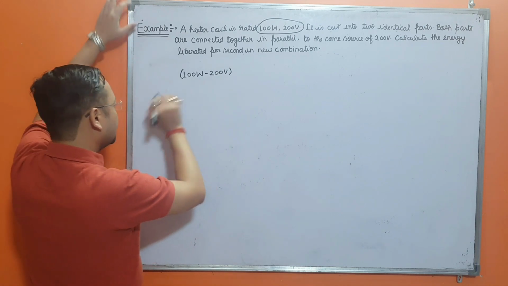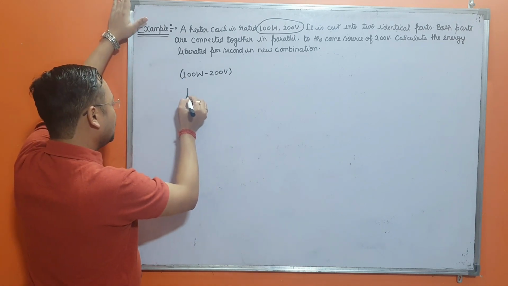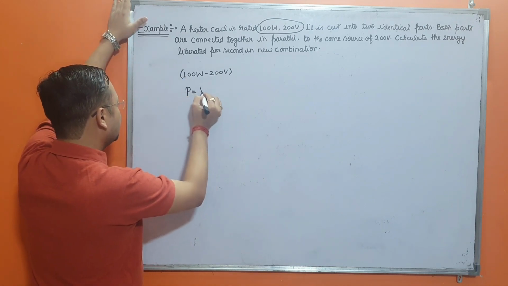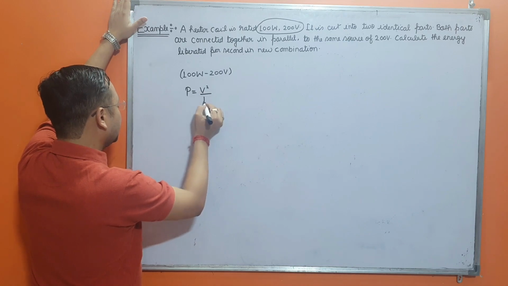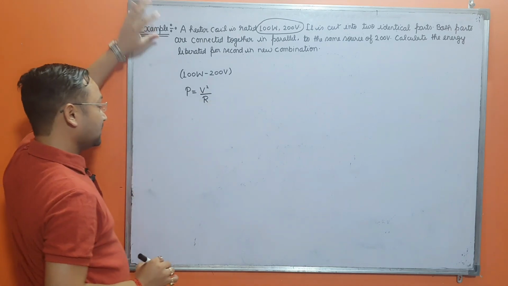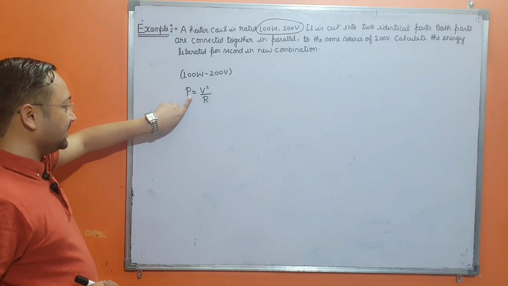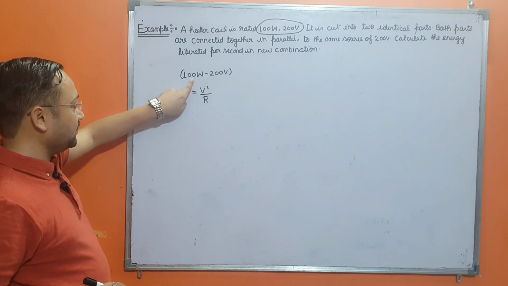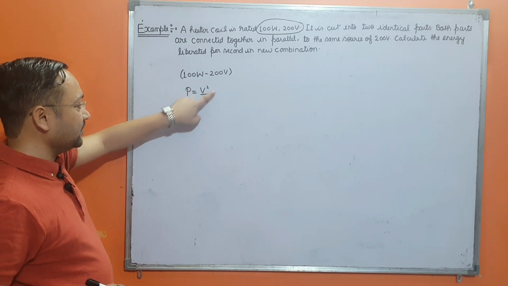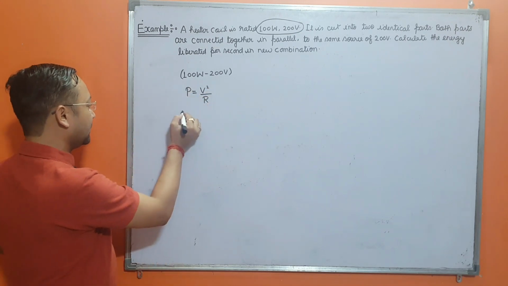Now we know that P equals V square divided by R. This formula is not for the power consumed; this is the rated power, the rated voltage square, and the resistance of the component.